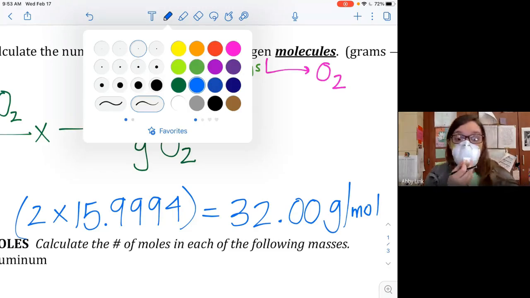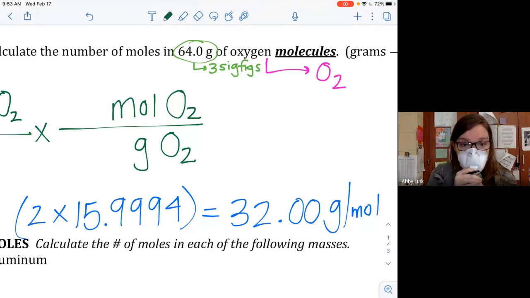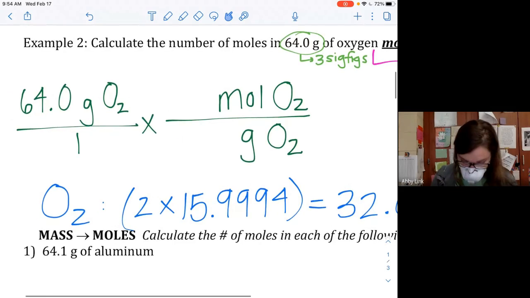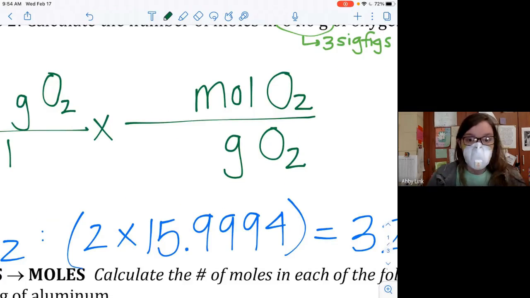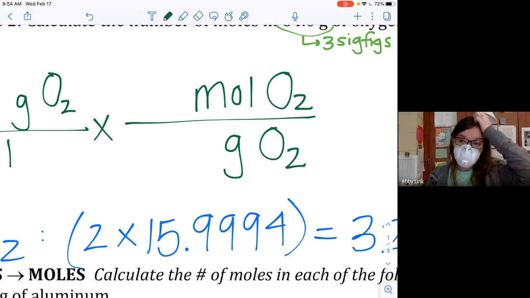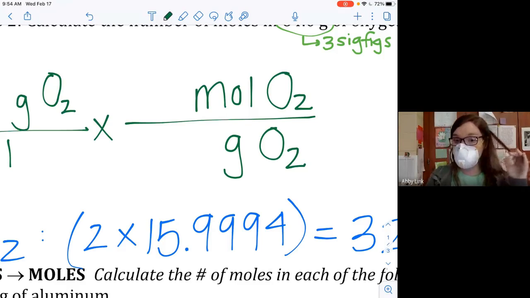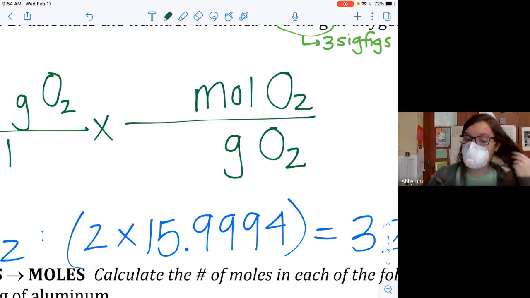All right, friends, where in my conversion factor does this 32.00 go? Does it go with the moles in the top, or does it go with the grams in the denominator? The top. Okay, so I have a vote for the top and I have a vote for the denominator. So that 32.00 is going to go with the grams, wherever the grams might be.